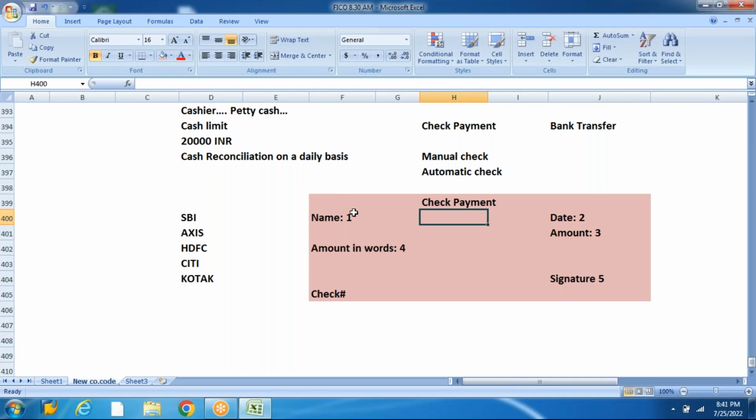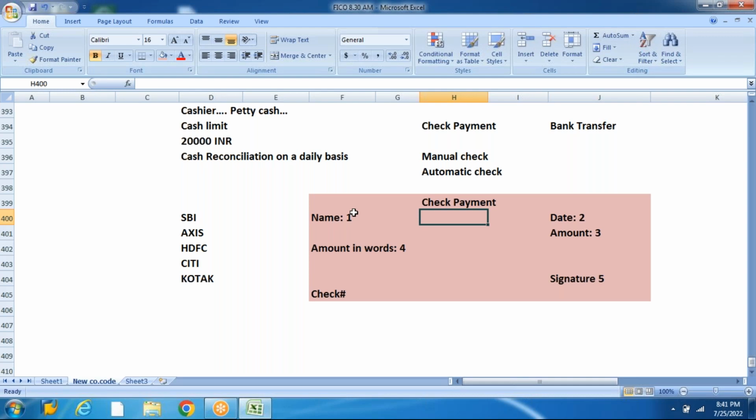So what is that check called? Any idea, anyone? There is a name for that check, that format. Any idea what that format is? No idea?